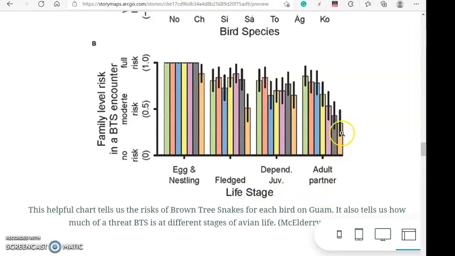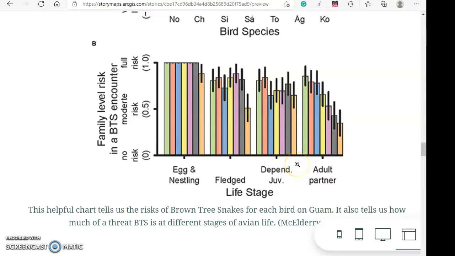You can see that the cocoa bird's population is not as affected by the brown tree snake as other birds. But the brown tree snake did affect the egg, nesting, and fledgling life stages of the bird due to the size of the bird and its mobility.